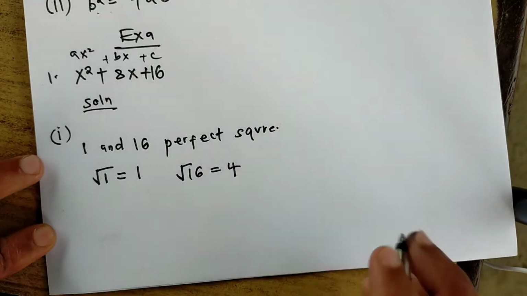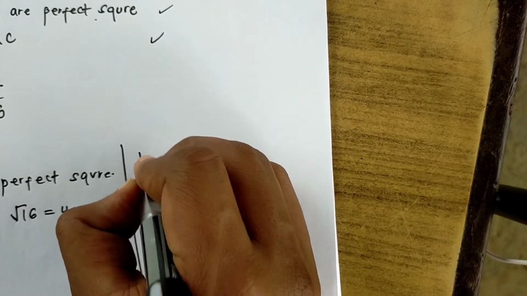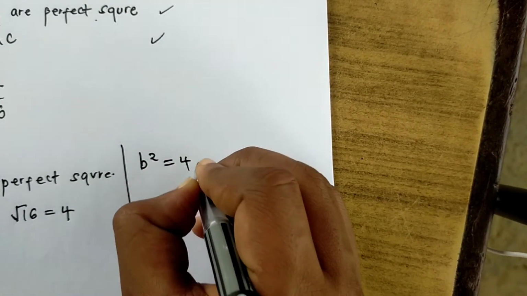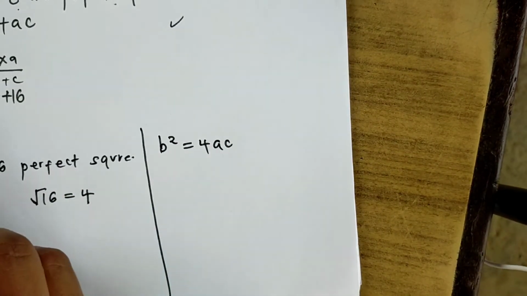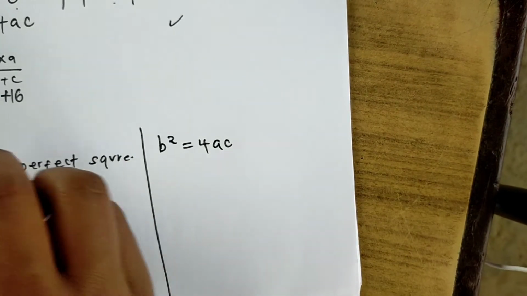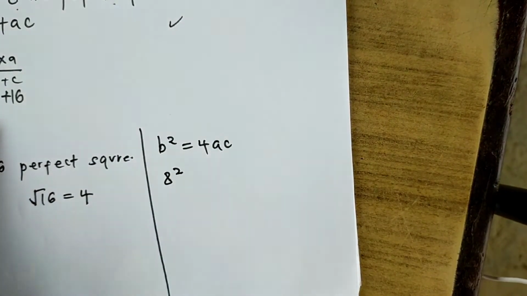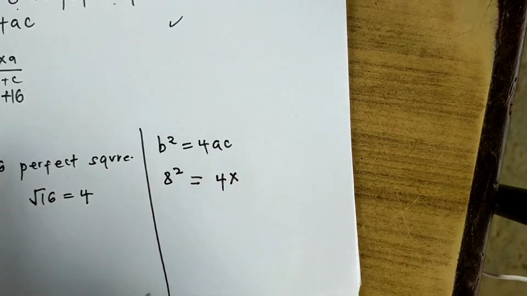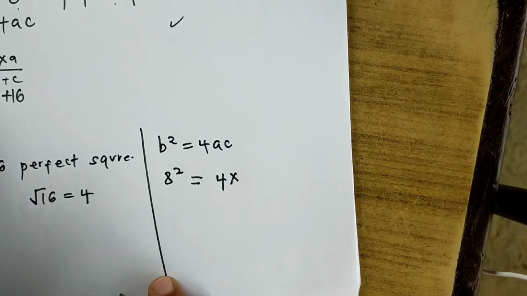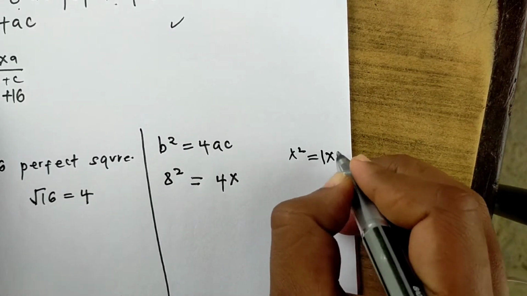Then condition number 2: b square is equal to 4ac. Our b is 8. 8 square is equal to 4 times our a, which is 1. We don't have a coefficient here, so we say that it is 1x square.